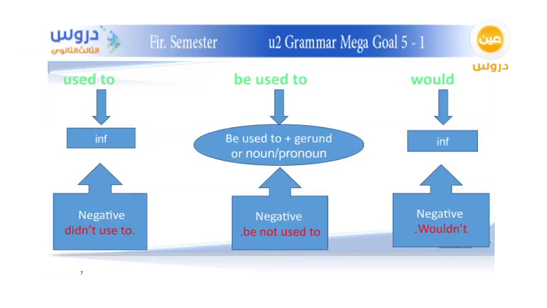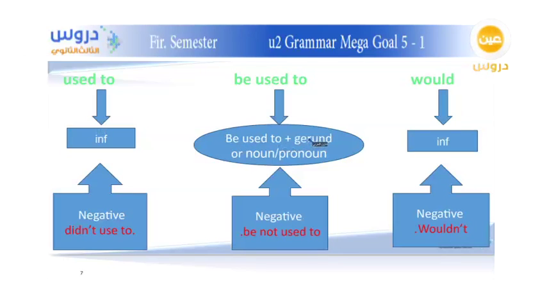And here is a diagram for the rule. Here is used to, and here is the negative, didn't use to. And here also be used to, the verb to be added to used to. This is how it's formatted.